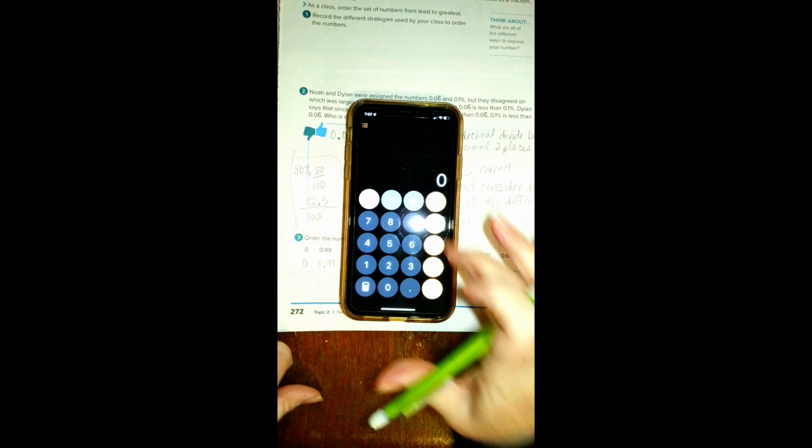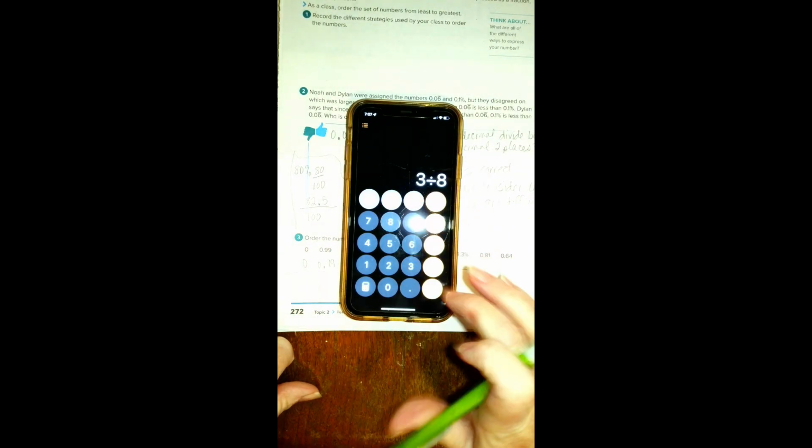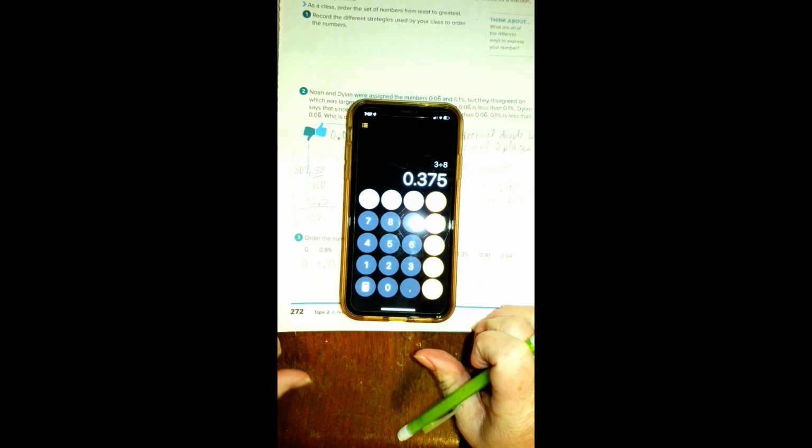3/8. This is one that we have been doing forever. It seems to come up in every single class since we've started this unit. 0.375. Most classes I'm finding have that memorized. Let's just verify it. 3 divided by 8, 0.375. 70% is 0.70. 4 and 0.3%.